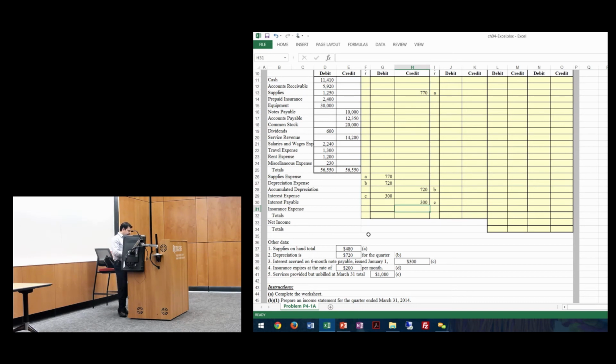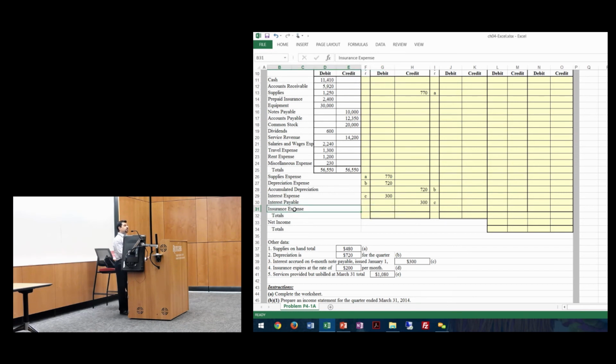Okay, so next we have insurance expires at the rate of $200 per month. When insurance expires, what do you do? First of all, how many months do we have? 3. So the amount is supposed to be 600. Now what do we have? We know that it's going to be insurance expense, and where did we get this?